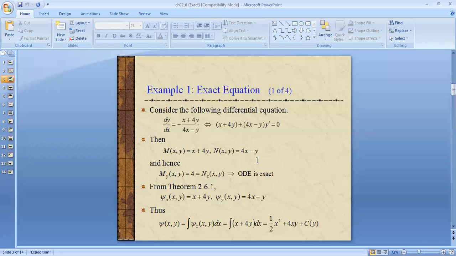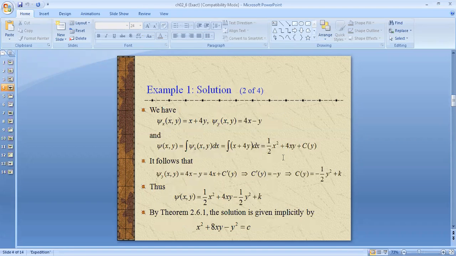Now using the method, integrating M with respect to x plus the term in N not containing x, that means only y, and adding this equals c, gives the result by using the theorem del M del y equals del N del x. So we get the solution of the differential equation: half x square plus 4xy minus half y square equals c.